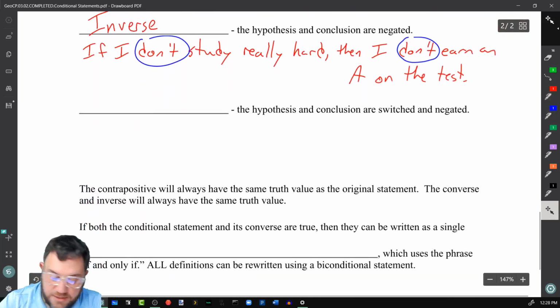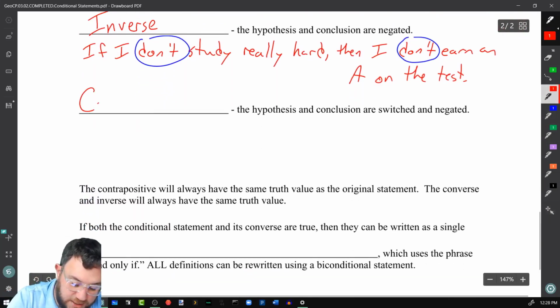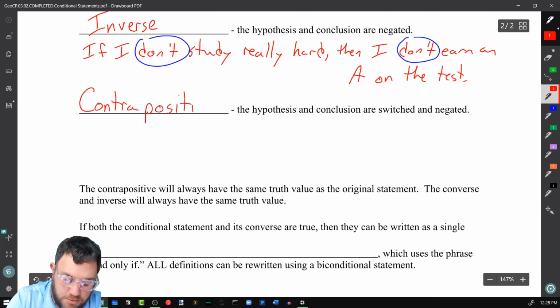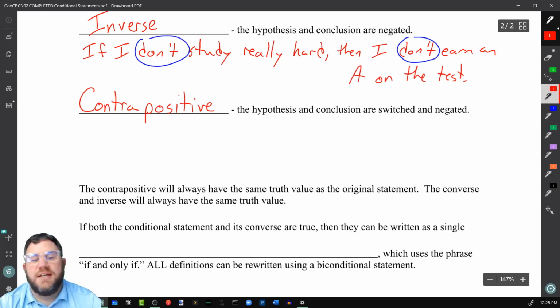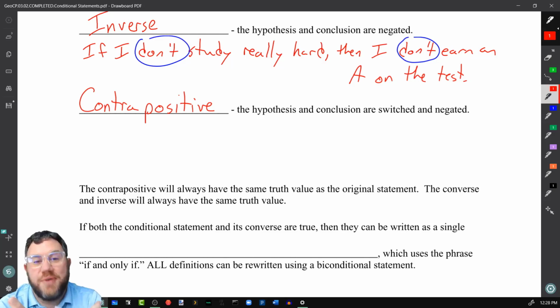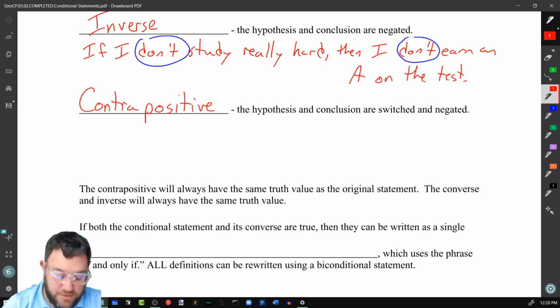Now the last one is the funnest word to say. It's the contrapositive. And it's when you switch them around like the converse, but then you negate both of them like the inverse. So you're doing both.